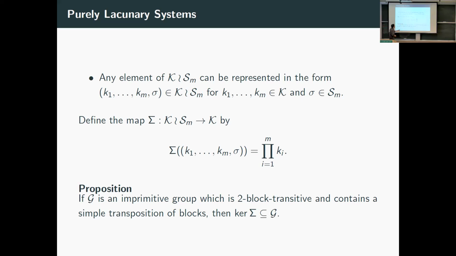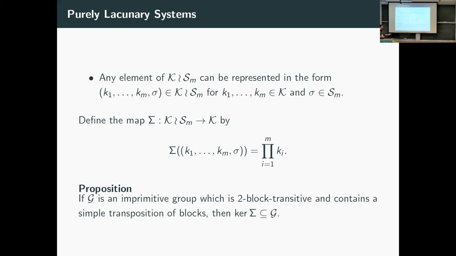We define a map from the wreath product to K itself by taking the product of all of these k's, and we look at the kernel of this map. In some sense, these are the permutations that are balanced, where you're balancing how you act in each of these blocks overall. The result is that if you have an imprimitive group which is two-block transitive and contains a block transposition like this, then it contains the kernel of this map. So we have all of these balanced permutations.